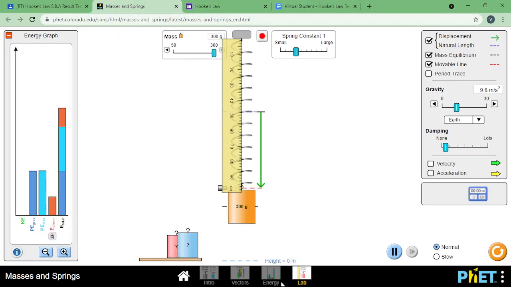So moving forward, we have force on the y-axis, and force is measured in Newton. And we have the mean length on the x-axis, and that is measured in meters.